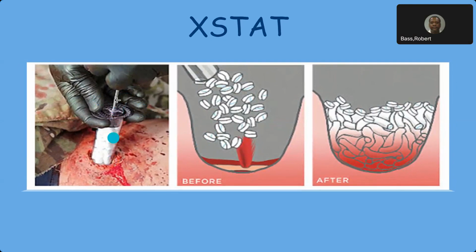You've got a 35 millimeter syringe that's filled with small compressed sponges. Once those sponges are expelled from the syringe and come in contact with body fluid or blood, they expand and create a temporary blockage to control bleeding.